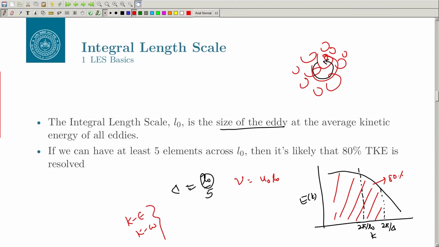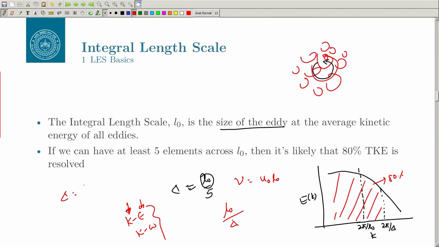So, by using the values of k and epsilon, you can calculate the value of L naught. And what is delta? Delta is something which is given by Smagorinsky in a nice manner, and we will discuss that probably in the next class. But right now, I will just tell you the definition.